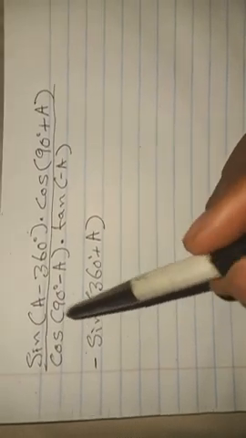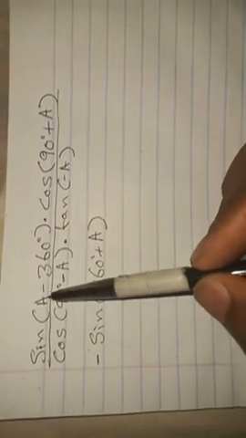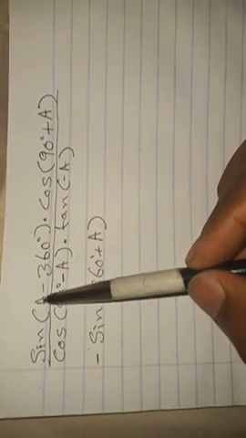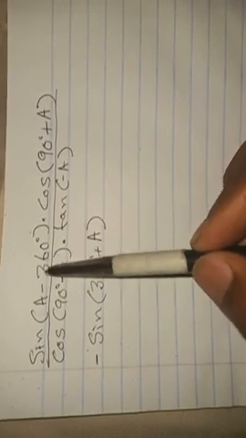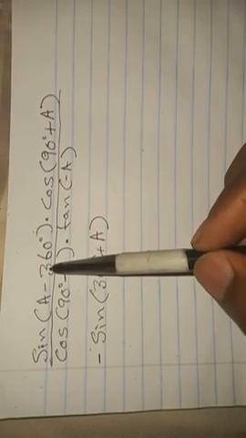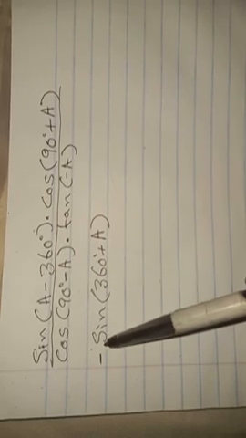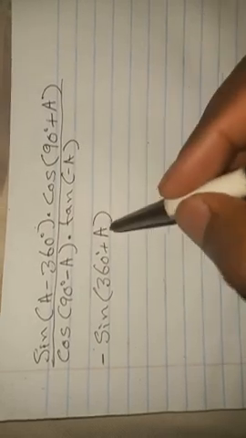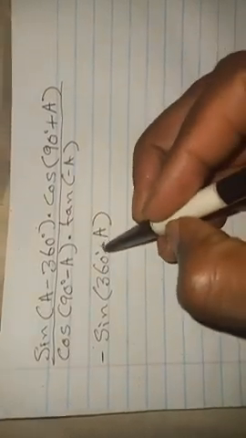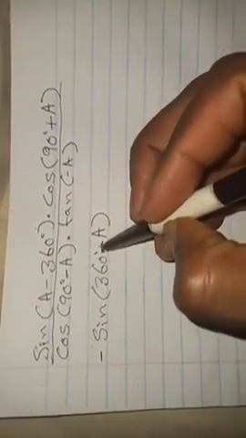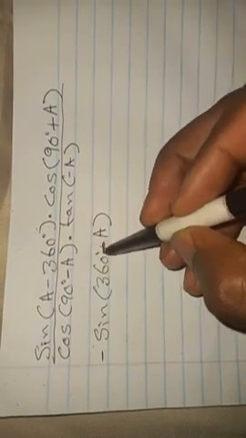This is because, as you can see here, when we take the 360 and put it where there is a, a is positive and this is negative 360. We remove the negative 360 and put it this side. Sorry, here it is negative a, 360 negative a.